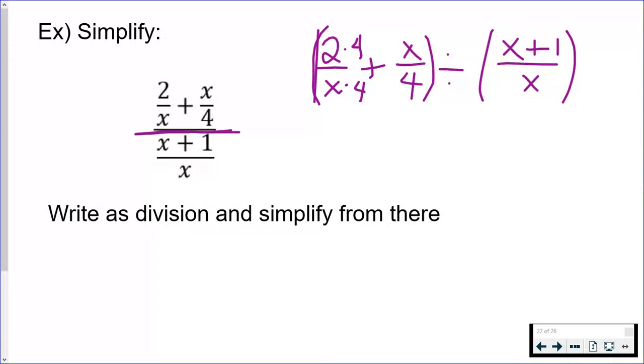I'm going to multiply the first one by 4 over 4. And the second fraction, I'm going to multiply by x over x. So that gives me 8 over 4x plus x squared over 4x.